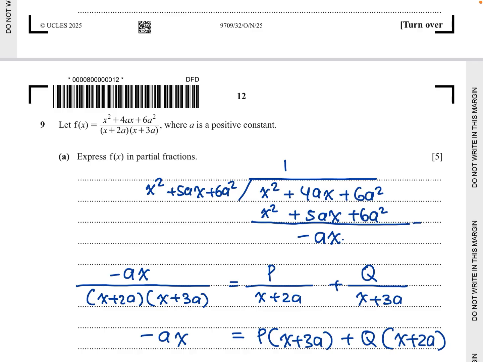Question 9. Let f(x) equals x squared plus 4ax plus 6a squared over x plus 2a times x plus 3a, where a is a positive constant. A. Express f(x) in partial fraction.